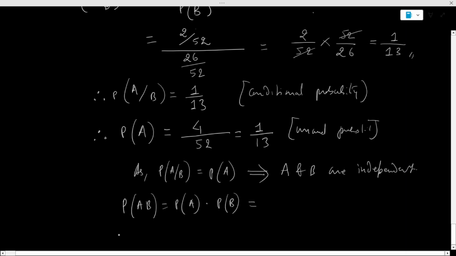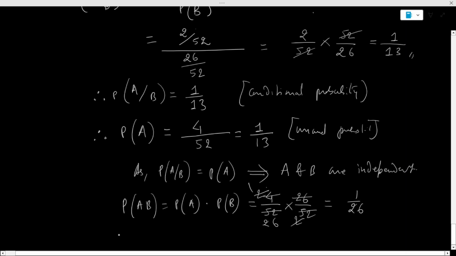So the probability of A, meaning the probability of getting an ace, is 4 by 52, into the probability of B, getting a black card. Half of the cards are black, so it is 26 divided by 52. Therefore the probability of AB is equal to 1 by 26.